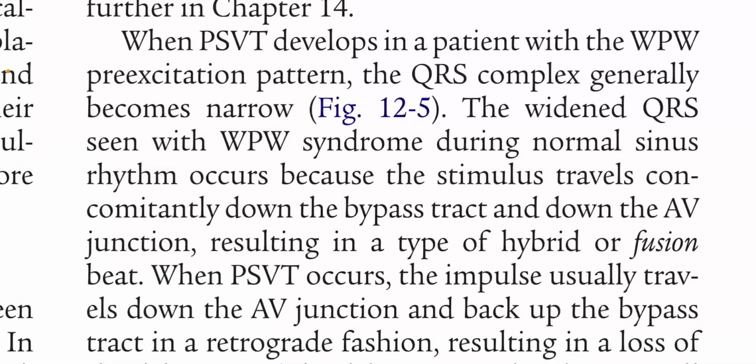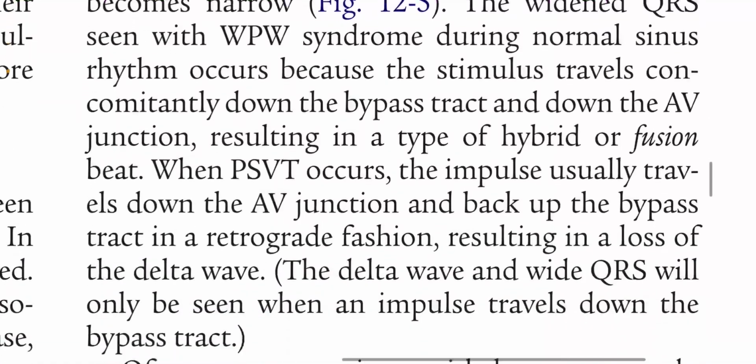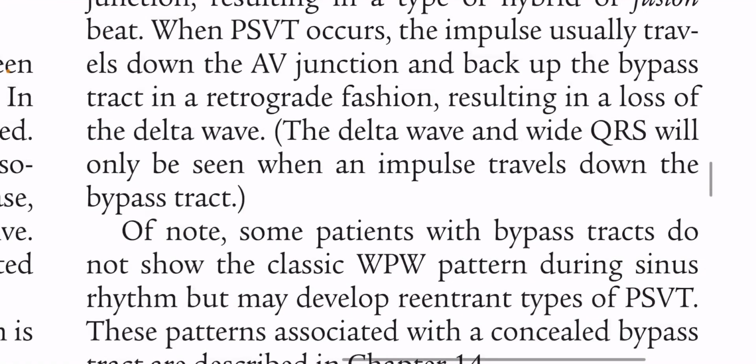When PSVT occurs, the impulse usually travels down the AV junction and back up the bypass tract in a retrograde fashion, resulting in a loss of the delta wave.